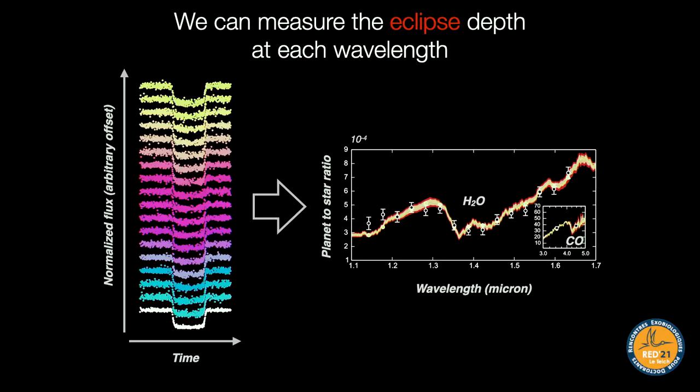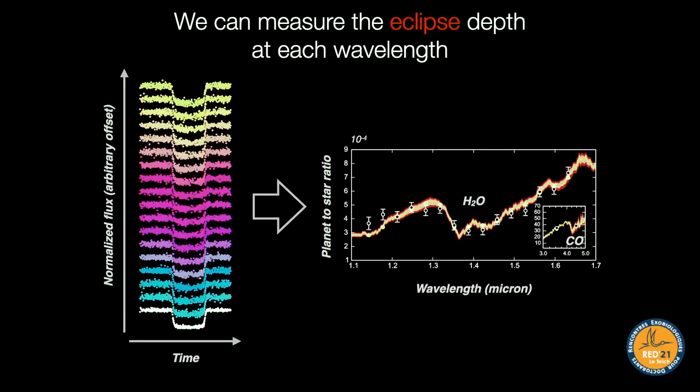And here we can start to have information about what is inside these planets, because we see some spectral features that are very much alike what we see in our planets. For example, here in the middle, we see a dip, which is due to water. We know that at this wavelength, water is very opaque.